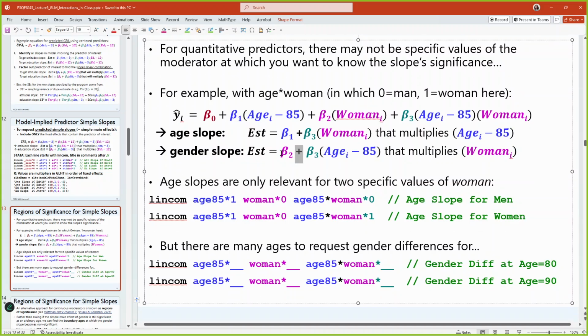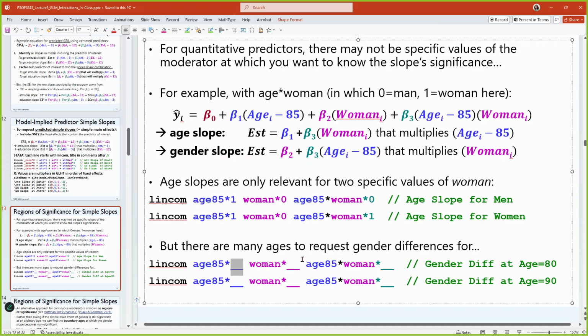So now if I use this as the ingredients for how I get a gender slope, what would it be at age 80? What goes here? If I want the gender slope for an 80-year-old, what goes here multiplying the main effect of age?